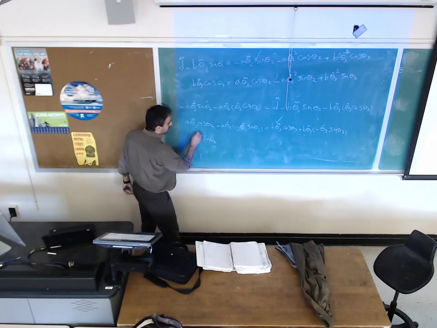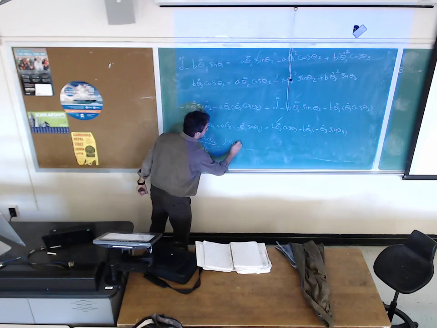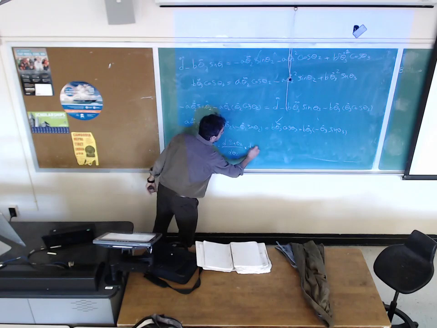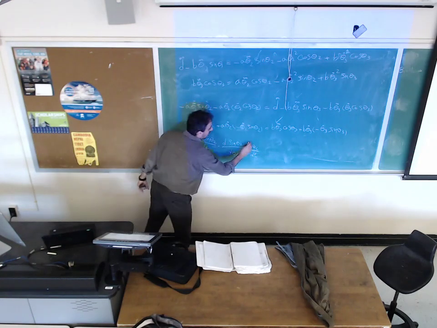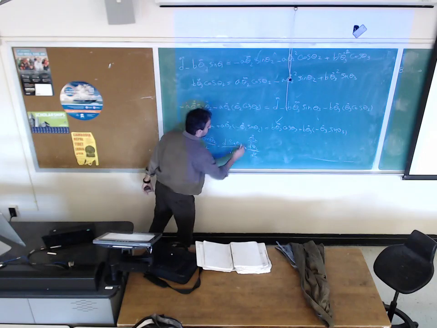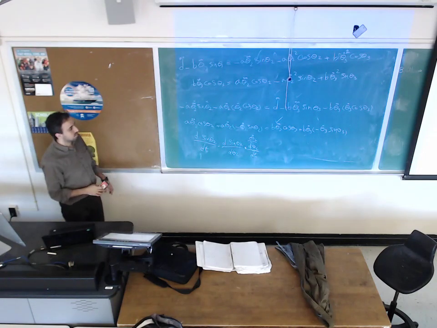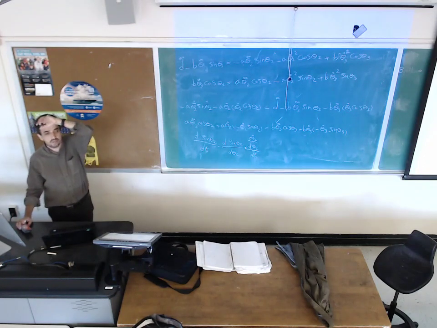If I want to differentiate this with respect to time, it's going to be derivative of sine of theta 2 with respect to theta 2 times derivative of theta 2 with respect to time. Chain rule. So this is theta dot 2. This is going to be cosine of theta 2. Any other question?